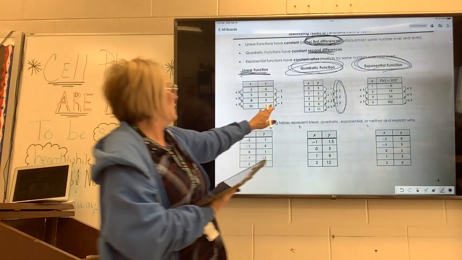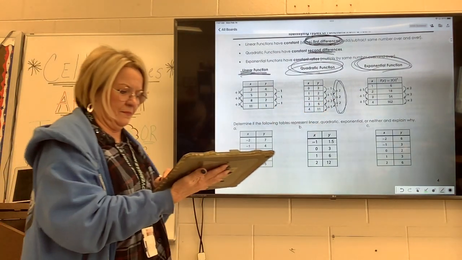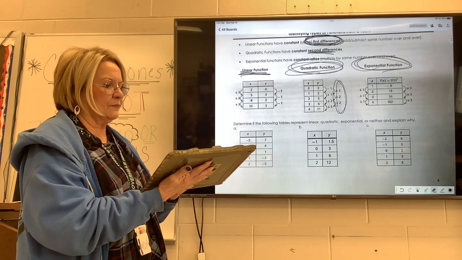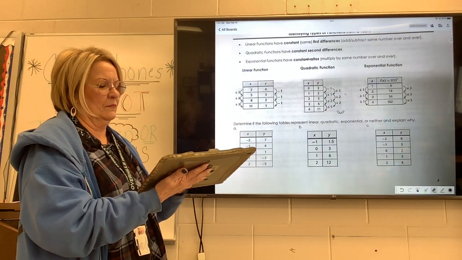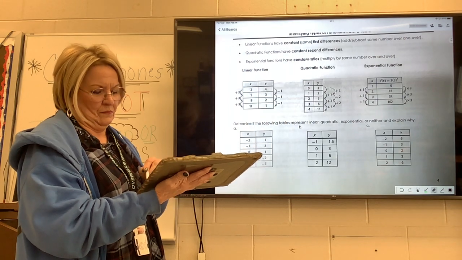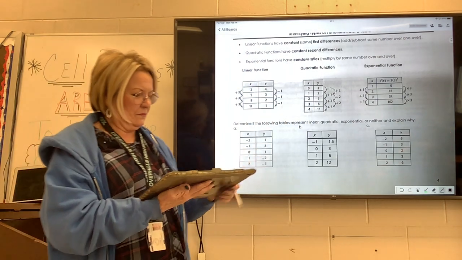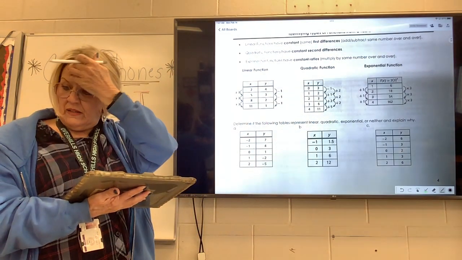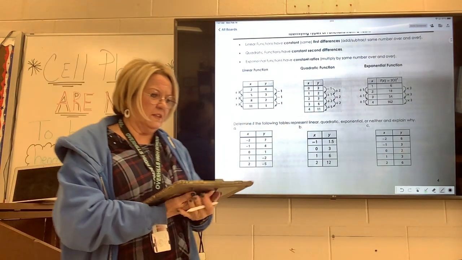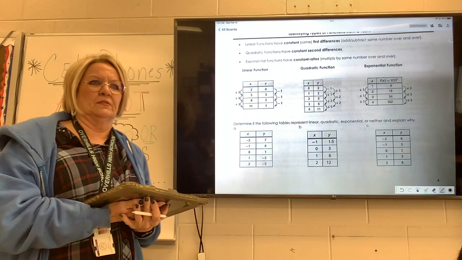And you can do it just the way you see that they do it. And then name it. What is it? Is it linear? Is it quadratic? Or is it exponential?